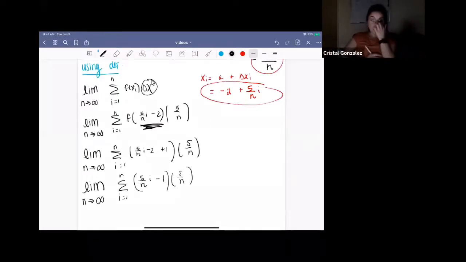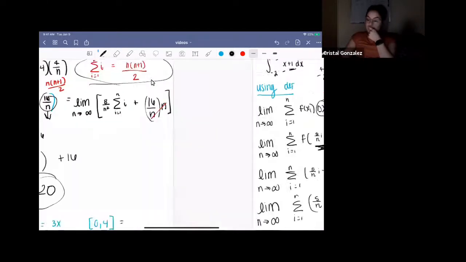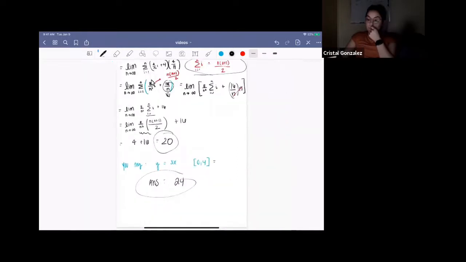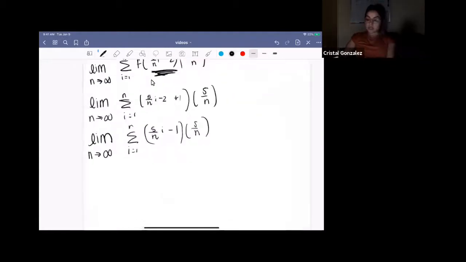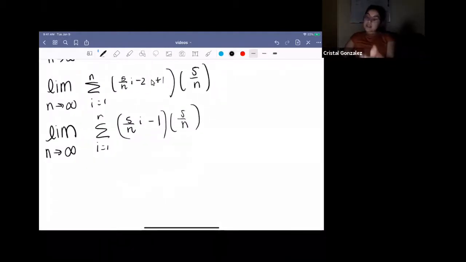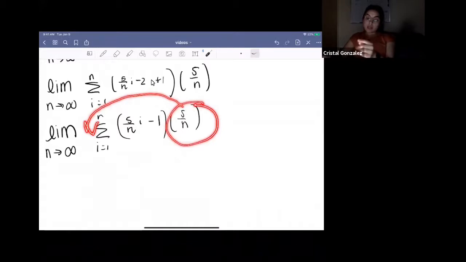Okay, so now after this, what I would do if I were you is, I didn't do this in the last example, but I definitely could have, but I just wanted to show you different ways to do it, is instead of distributing this 5 over n in, I'm actually going to take it out of the summation right now because I can.